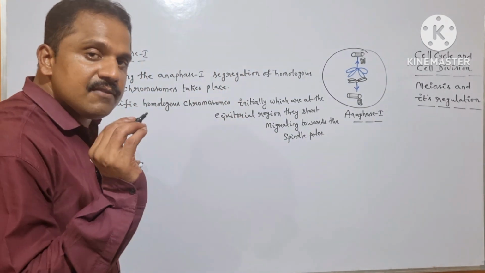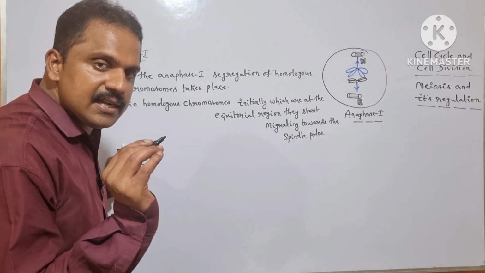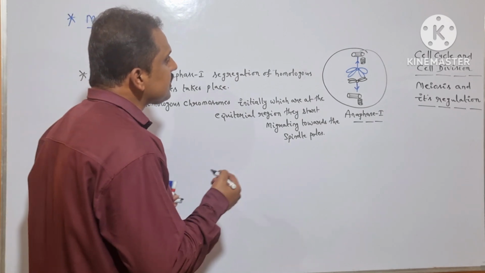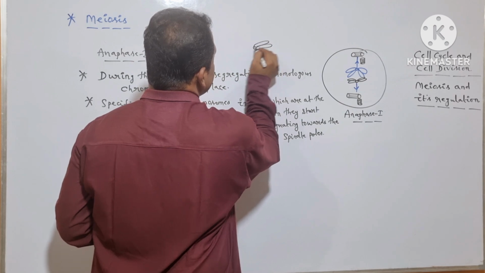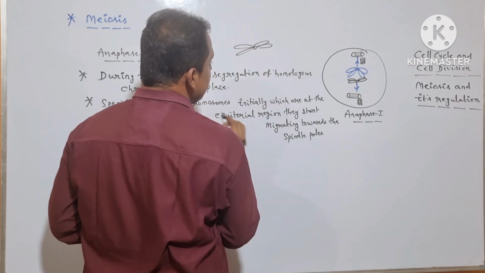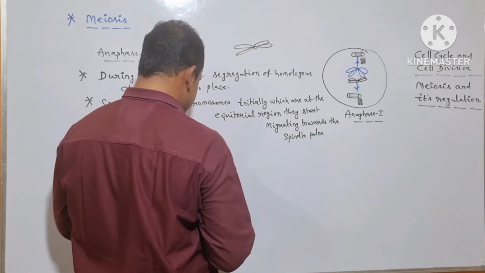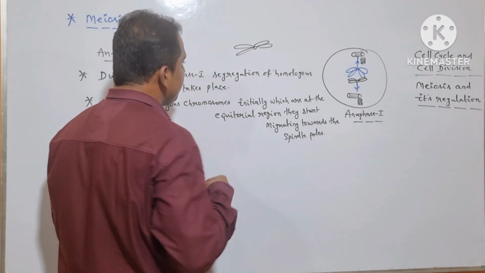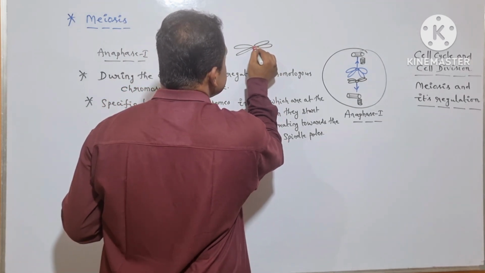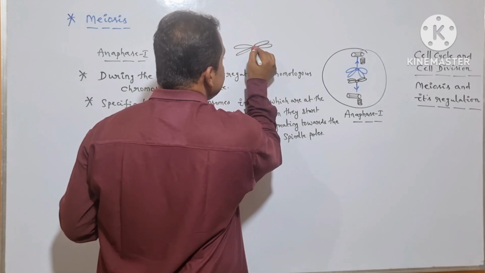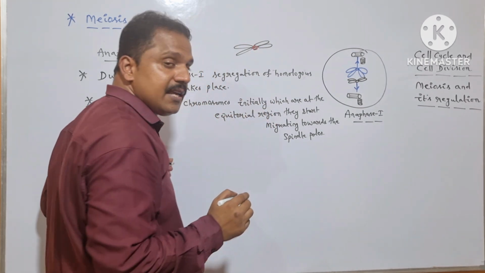So here in case of the anaphase of the mitotic cell division, in general, separation of the sister chromatid takes place, because splitting of centromere takes place.